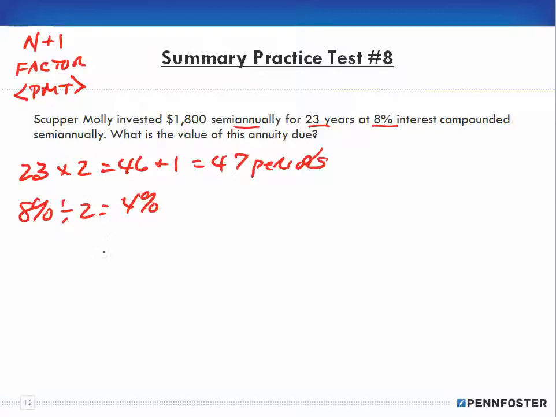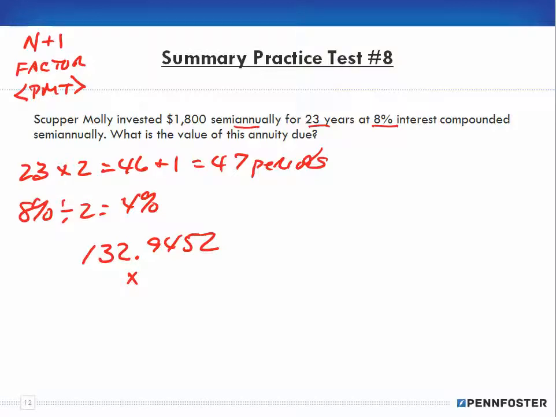Pause to make sure you're finding the factor first, and then come back and double check it. If you did that, you end up with a factor of 132.942.